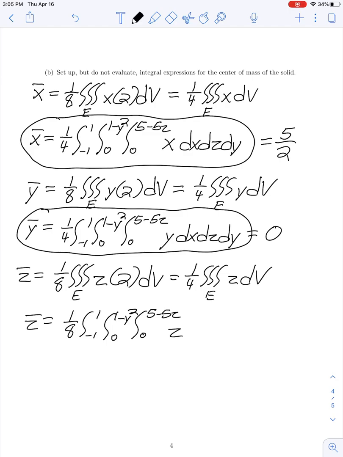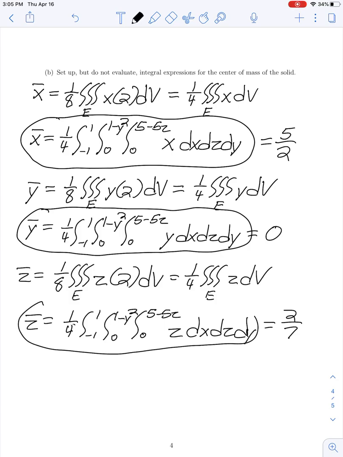Excuse me, I had a 1/4 constant out here for this last one after we simplified. We're integrating z in the order dx, dz, dy. And if you evaluate this, you can verify you find this is 2/7. But again, here we're just asked to set up this integral for that coordinate, not actually to find it.